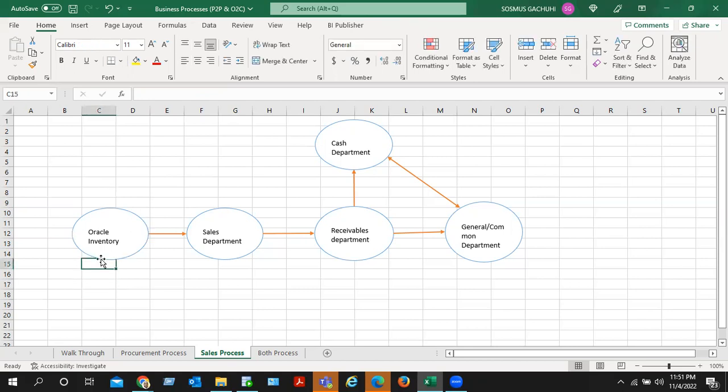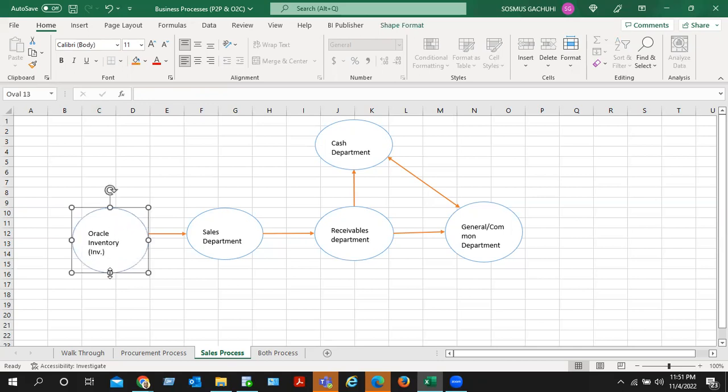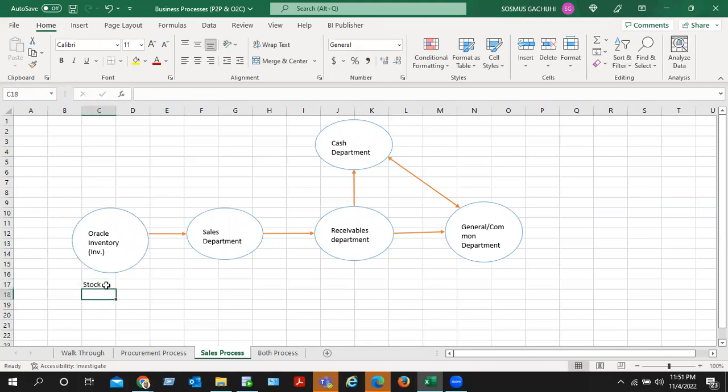So under INV, we maintain stock, and also we do requisition, and of course approval.